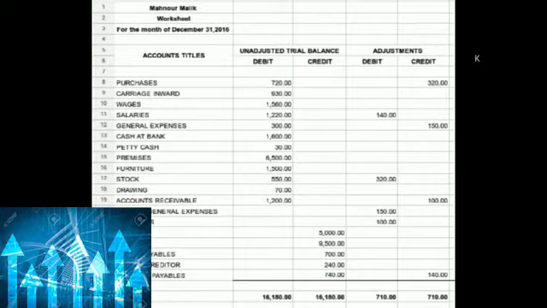So our total debit is 710 and our total credit is 710 also. As we notice that they are balanced, so that is correct.